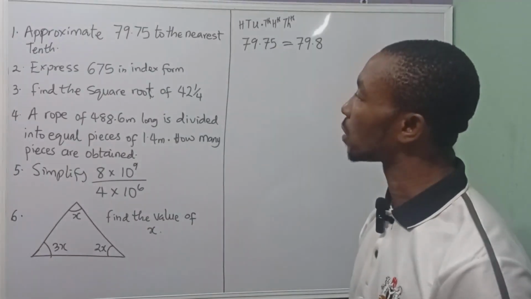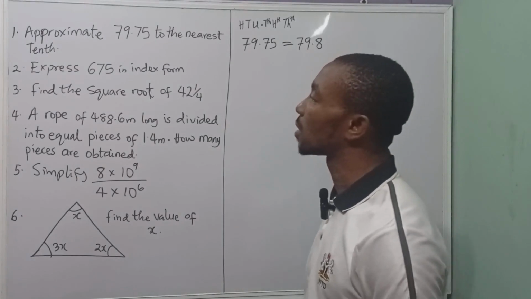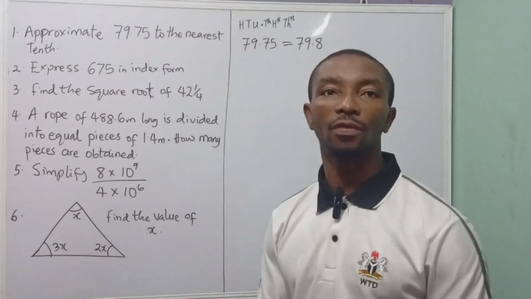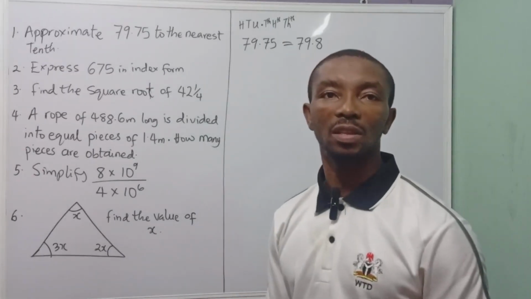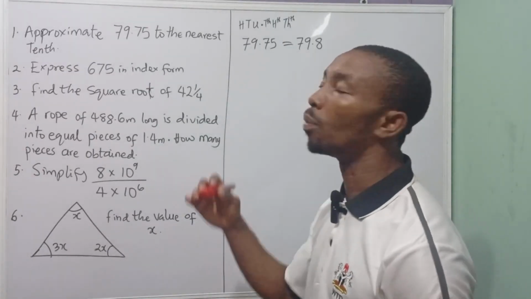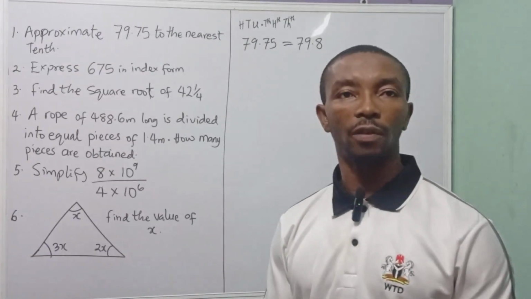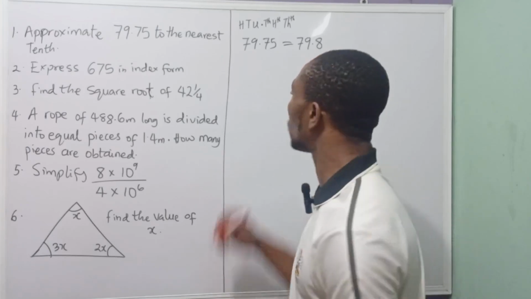Now the next one says express 675 in index form. If we want to express 675 in index form, we need to break that large figure down.